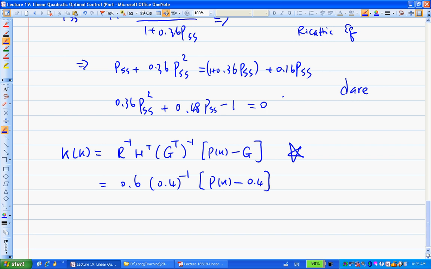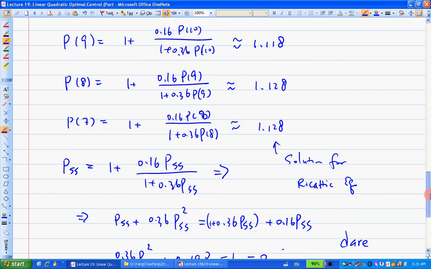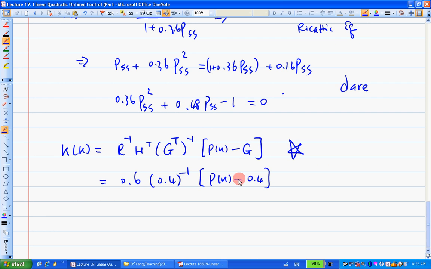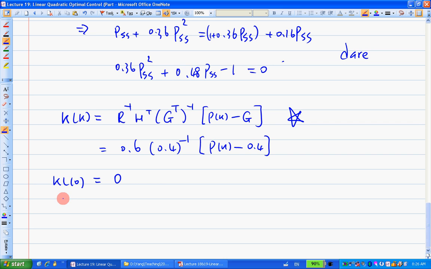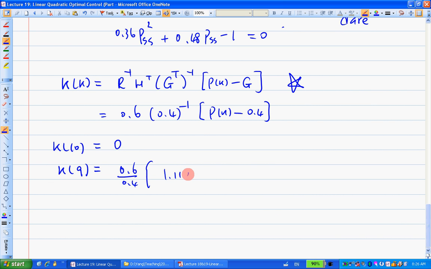So plug in. Because we have solved P9, P10, P9, P8, and P7, basically just plug into this expression here and solve for K of 10. You'll get K of 10 is 0, and you will get K of 9, which is 0.6 over 0.4 divided by P of 9, which is 1.118, minus 0.4.